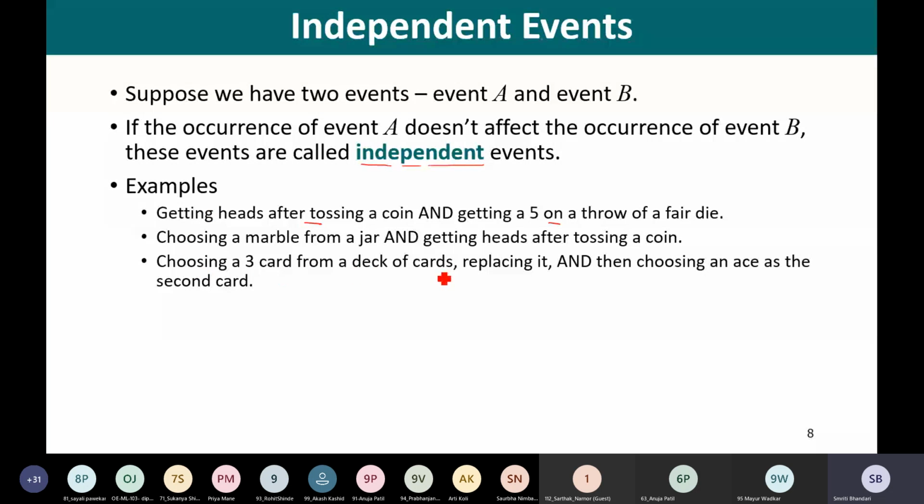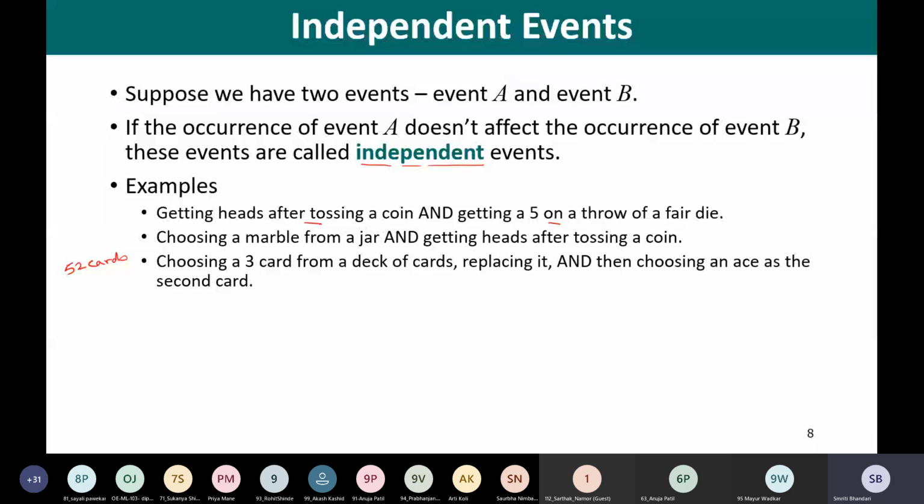One more. Choosing a 3 card from a deck of cards, replacing it, and then choosing an ace as the second card. What we are trying to do? We have a deck of cards, so in our deck we have 52 cards. The first event is choosing a 3 card from this deck of 52 cards.